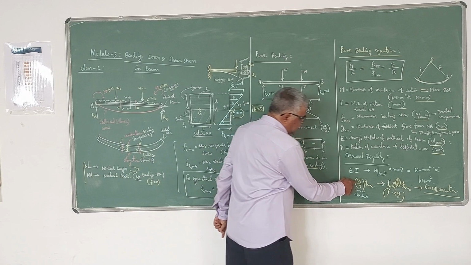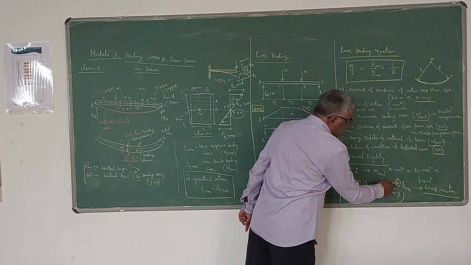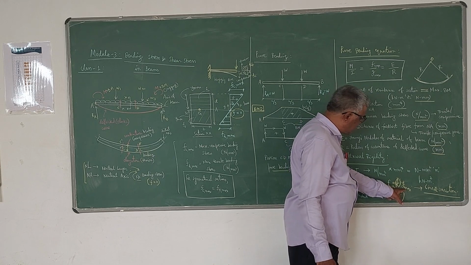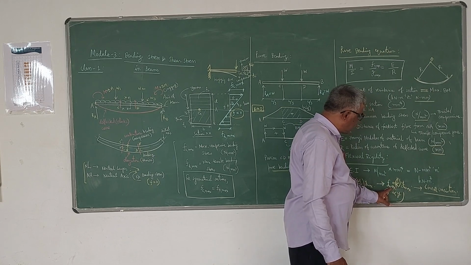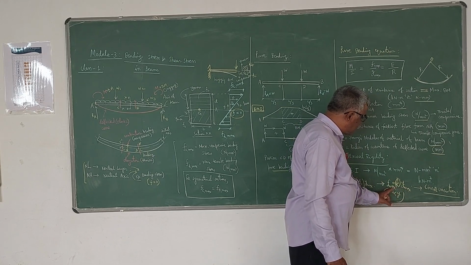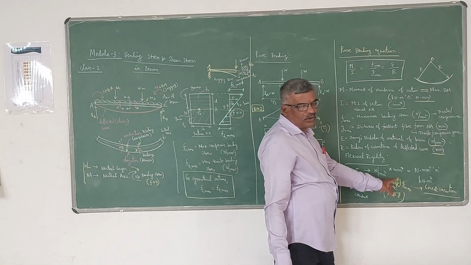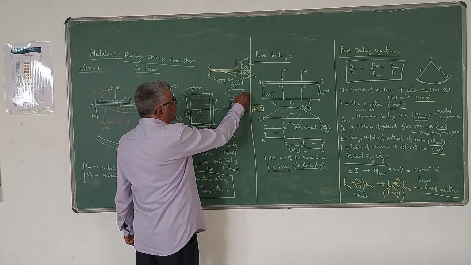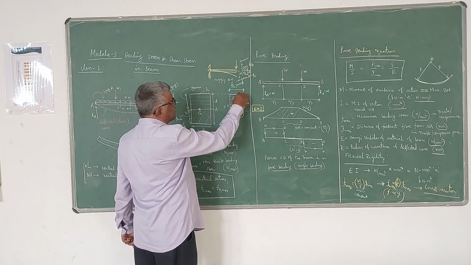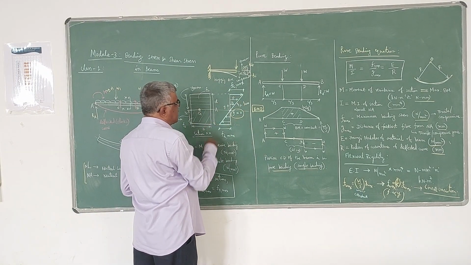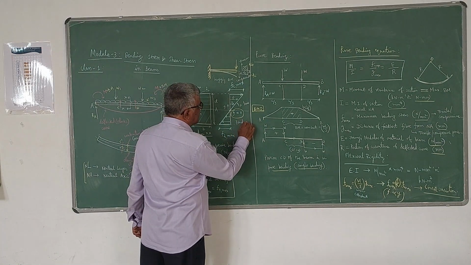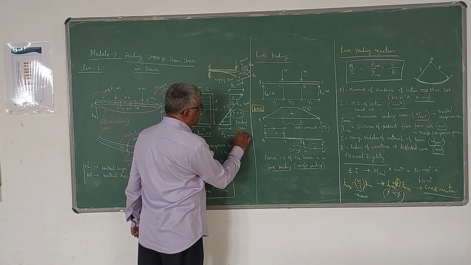And since it is a constant, this represents a straight line. F is one value, Y max is another value, like X and Y. If you take this as Y and this as X, Y is equal to K into X, which is a straight line equation. Therefore, if you join the points, this is called the bending stress diagram. So this bending stress diagram is a straight line.